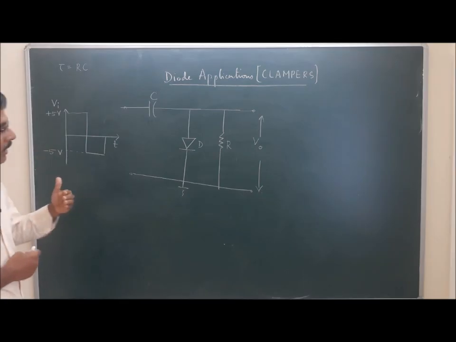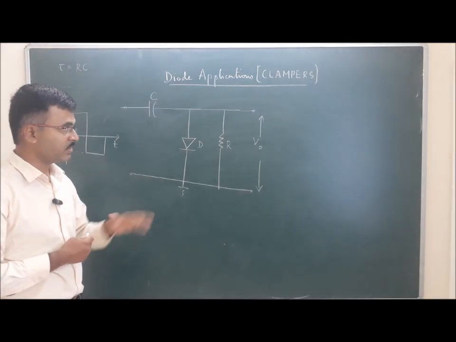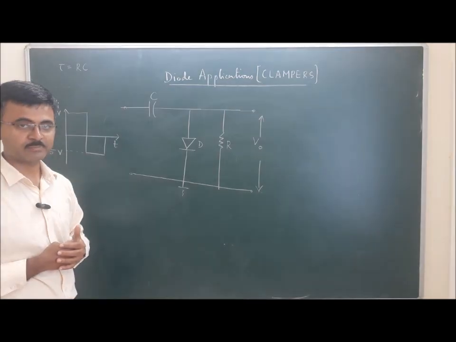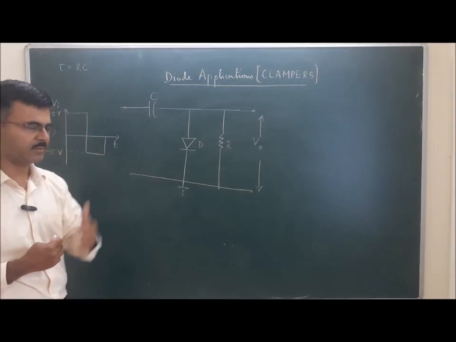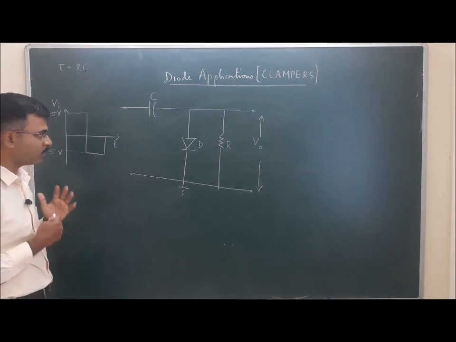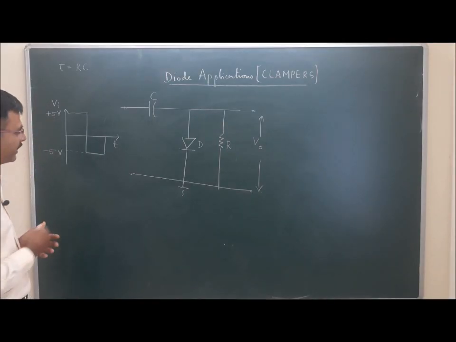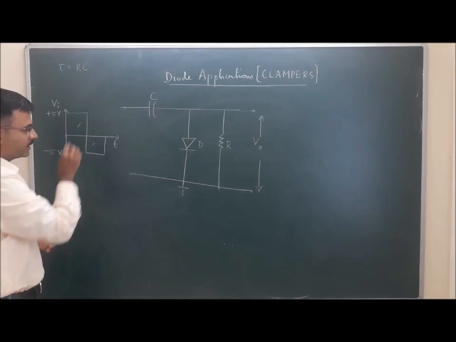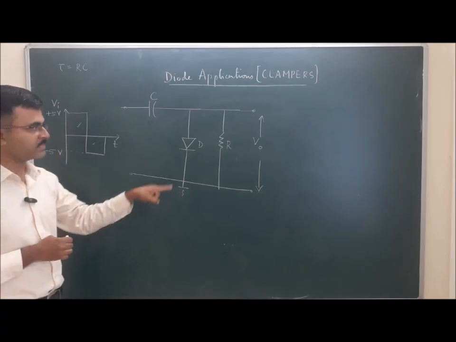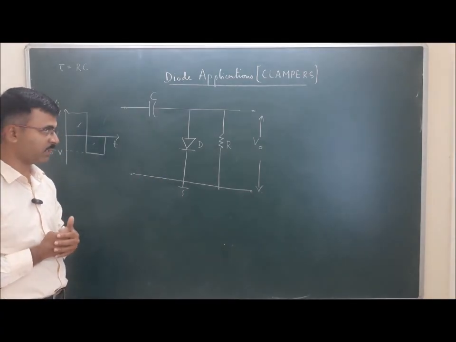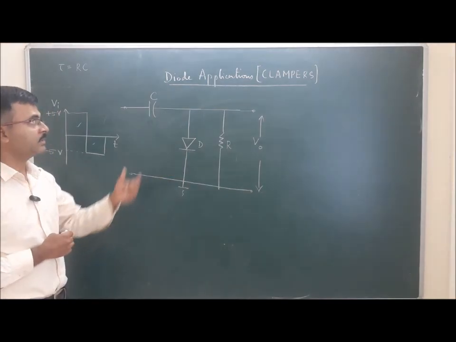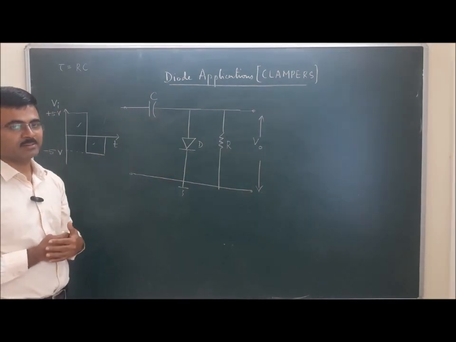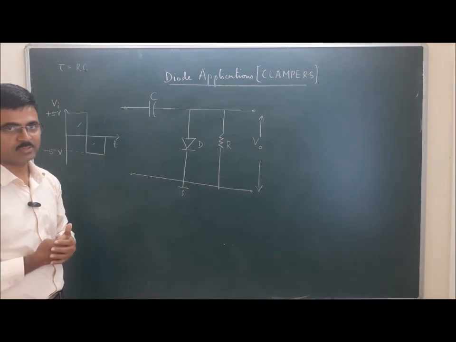Now how do we start analyzing this clamper circuit? The most important step 1 is to consider that cycle of the input signal which forward biases the diode, because when the diode is forward biased, the capacitor charges.